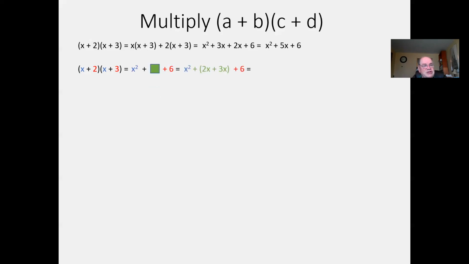The algorithm says to multiply the outsides and add them to the insides. The outsides being x and the 3, and the insides being the 2 and the x. The extremes, as they're called, and the insides. Those are multiplied together, and that will give you all the products that we have up above.